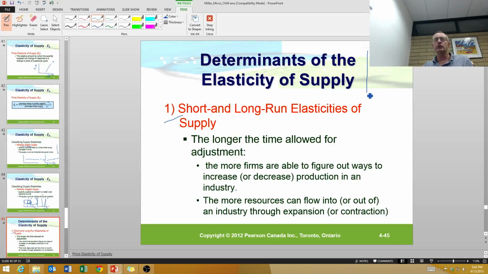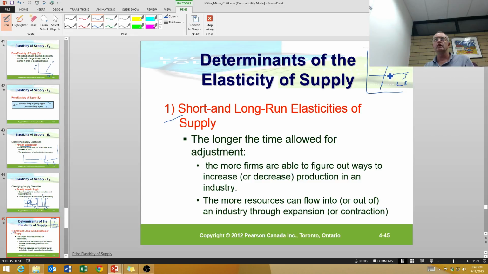So in the short run, the supply curve tends to be fairly steep. And in the long run, the supply curve tends to be fairly flat.